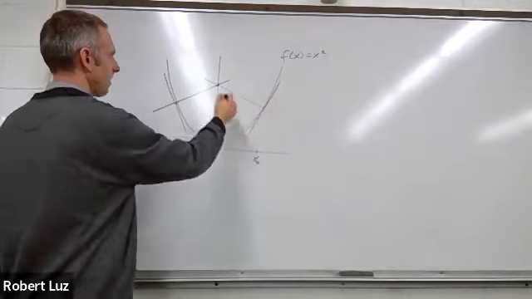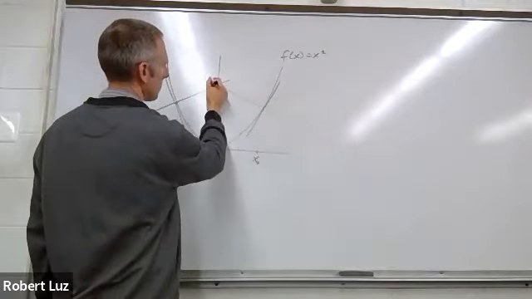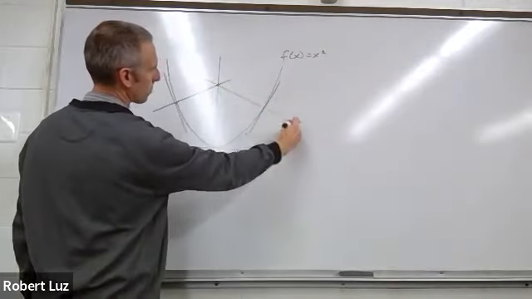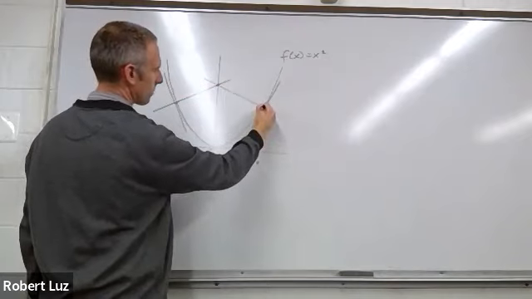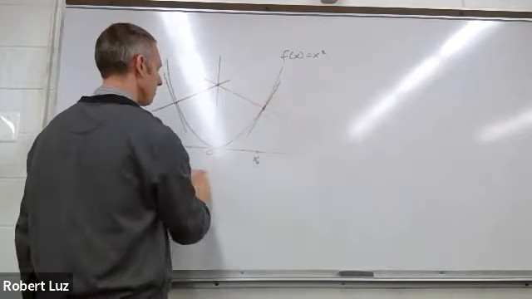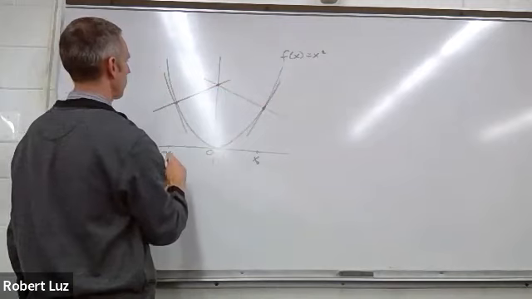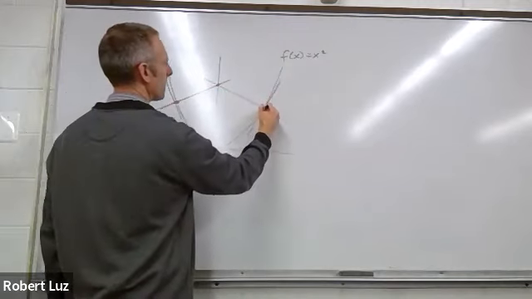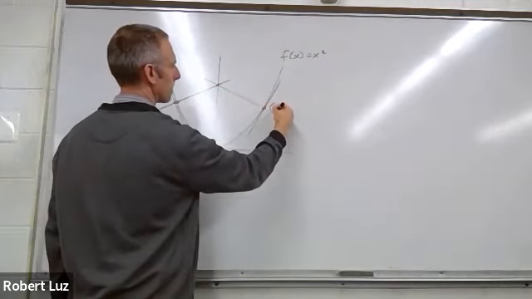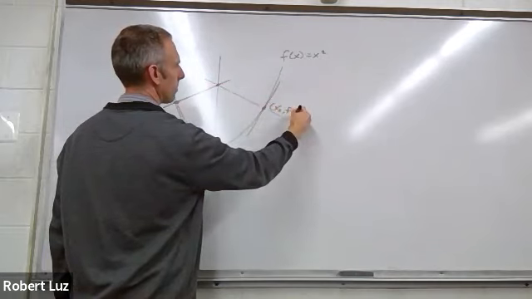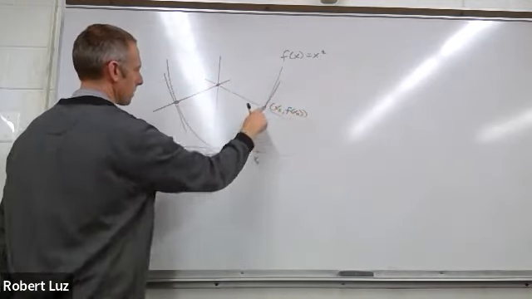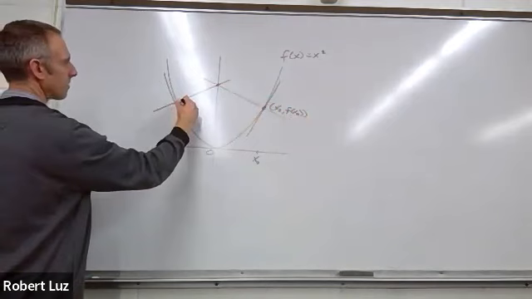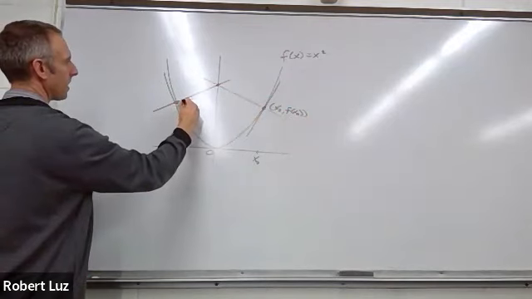So let's write down the equations of these two. For the normal line here, this point is x0, 0, that's the coordinate there. Same thing over here, negative x0.